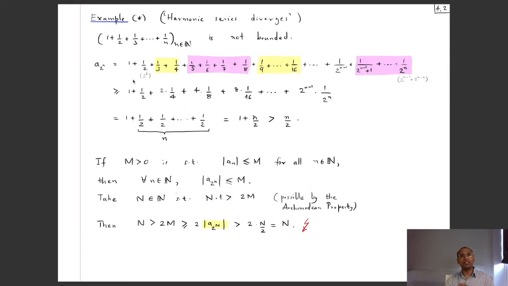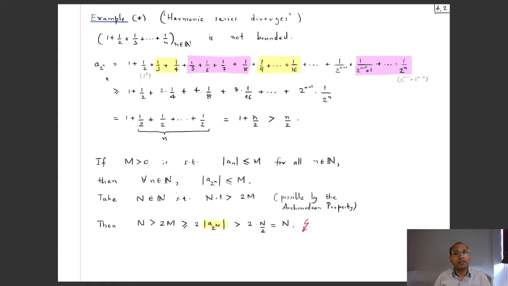The term a_{2^n} of course has a lot of summands: it's 1 all the way up till 1 by 2 to the power n. But we will group these summands in a special way and show that each of these groupings is bounded below by a half, and that the number of these halves is equal to n. So we will get the estimate that a_{2^n} is bigger than n by 2. That's the little bit of a trick, but we'll see that it does the job.